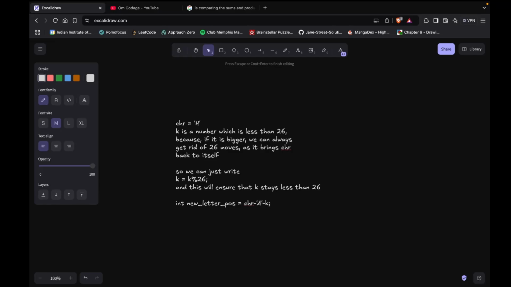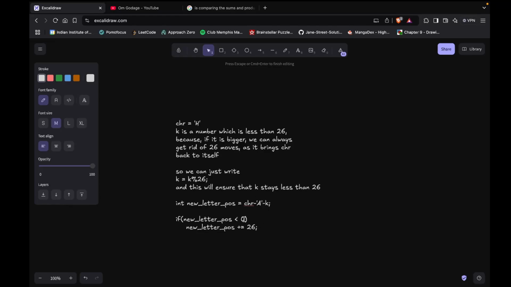And you might have noticed that this number can go negative. So if new letter pos is less than 0, then you add 26 to this. The reason why you can add 26 is because, as I just told you, making 26 extra moves doesn't change the character itself.